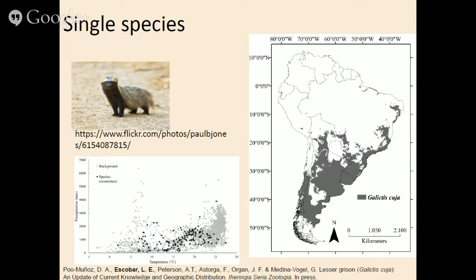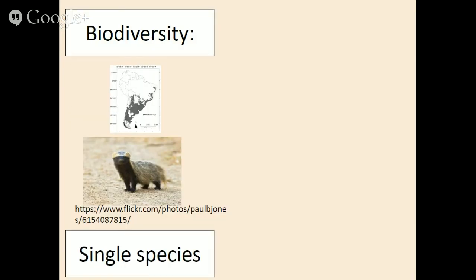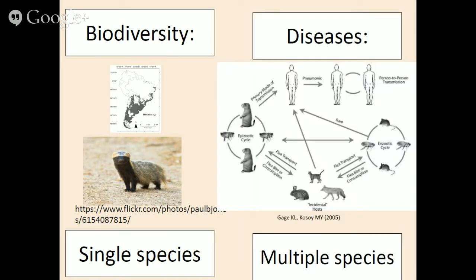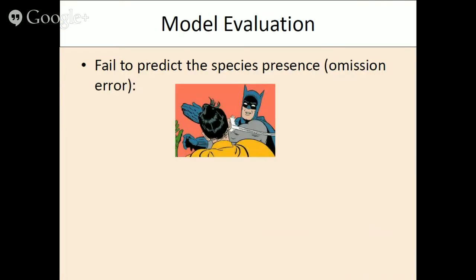When we model biodiversity, usually we think of single species that we can describe carefully in the geography and into the environmental space. That is the case of biodiversity models. But when we think of diseases, the systems are very complex and a lot of actors are involved in the system. Something that is very important in diseases compared with biodiversity is model evaluation.